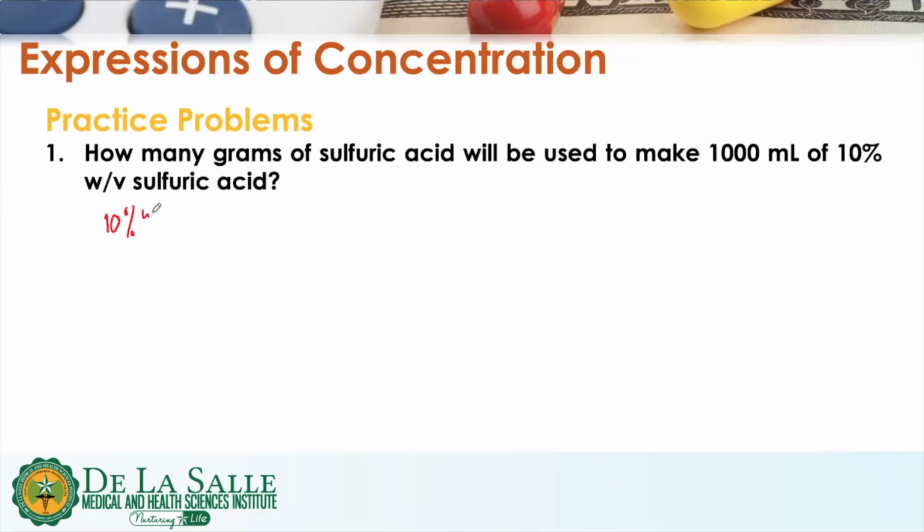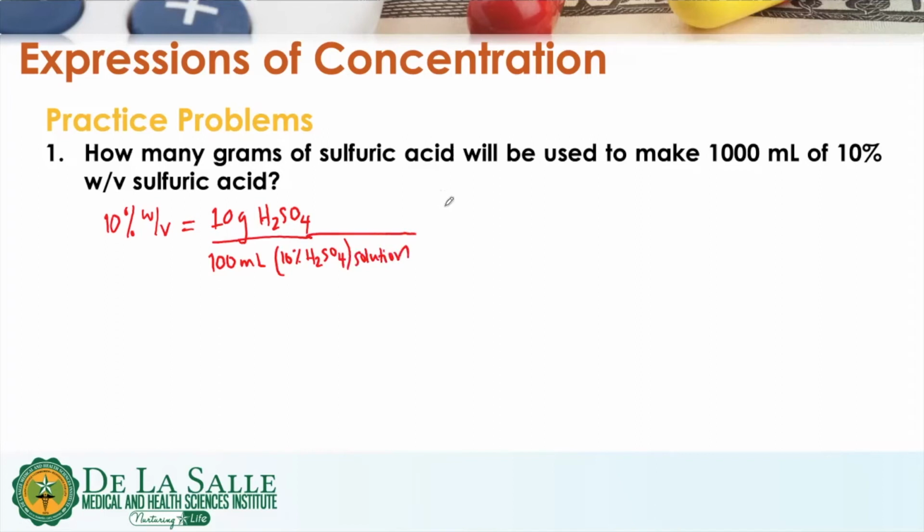So first, let us define that 10% weight in volume or weight per volume is the same as 10 grams of sulfuric acid for every 100 milliliters of the 10% sulfuric acid solution.